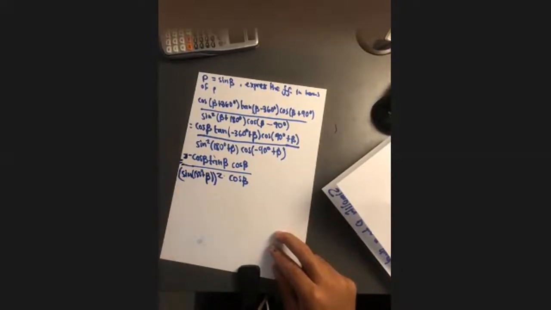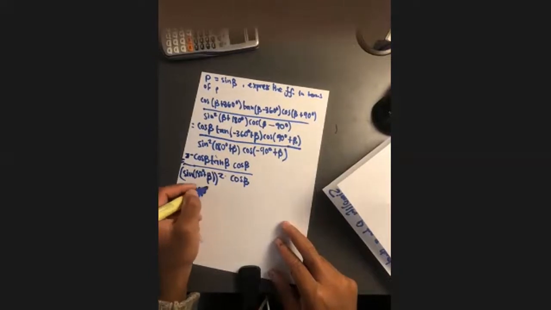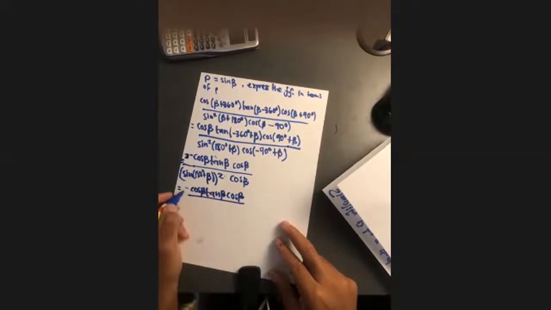I'm just going to put equals to sine here. And then we can go further to say minus the cosine of beta, tan of beta, cosine of beta over, and then we are now in a position to reduce this.